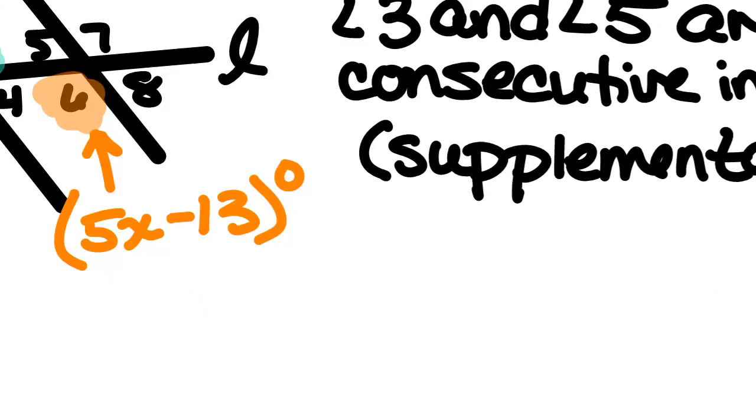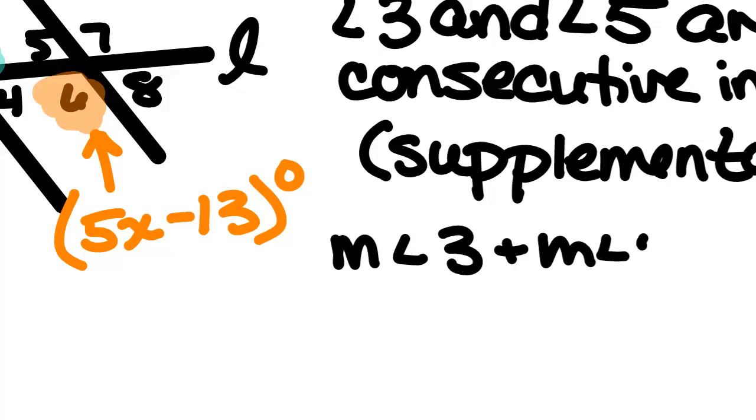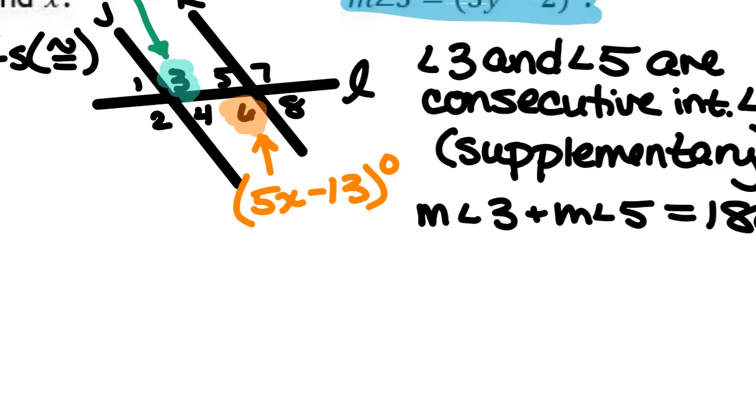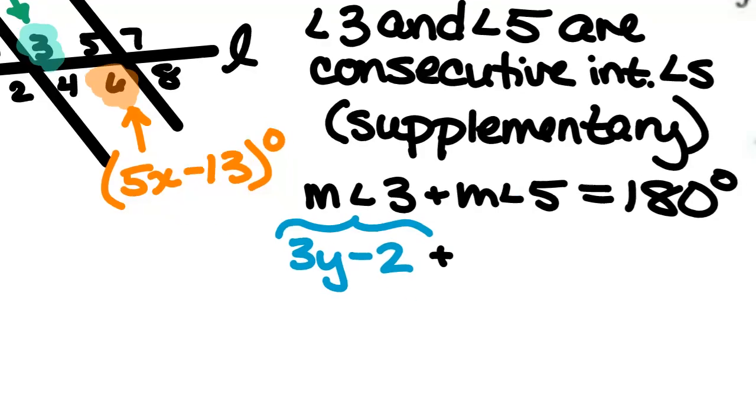So that means they're going to add to 180: the measurement of angle 3 plus the measurement of angle 5 equals 180 degrees. We know that angle 3 is 3y minus 2. And we know angle 5 is how big? 68 degrees.